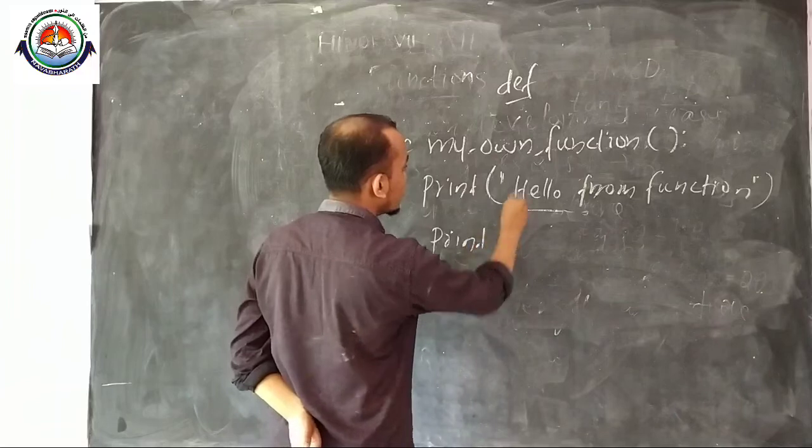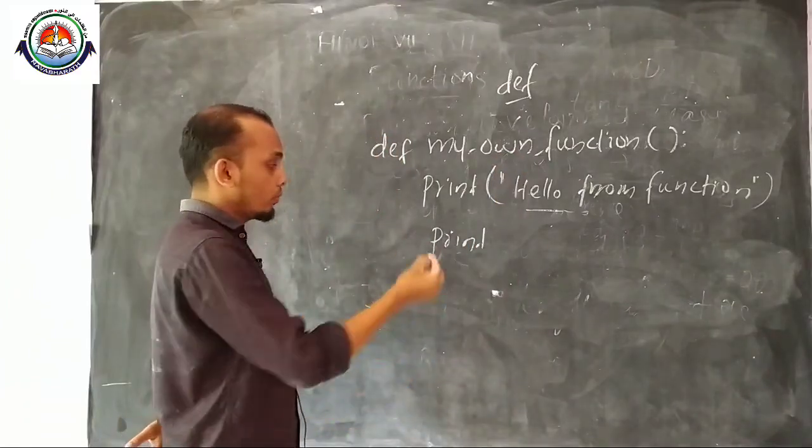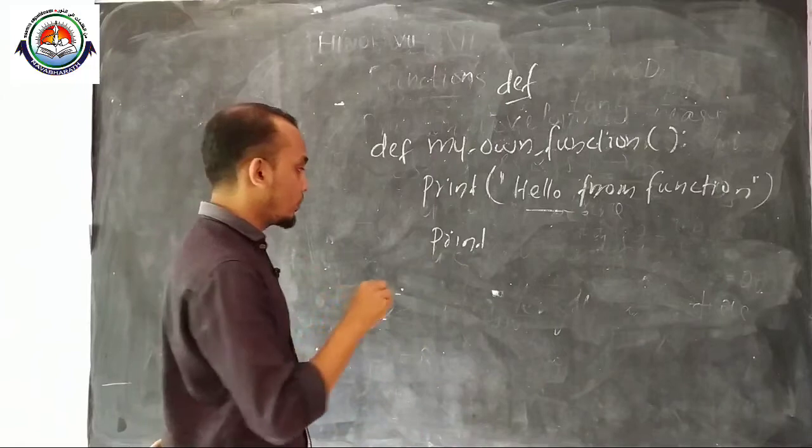Then how can we call this function in another part of the program?